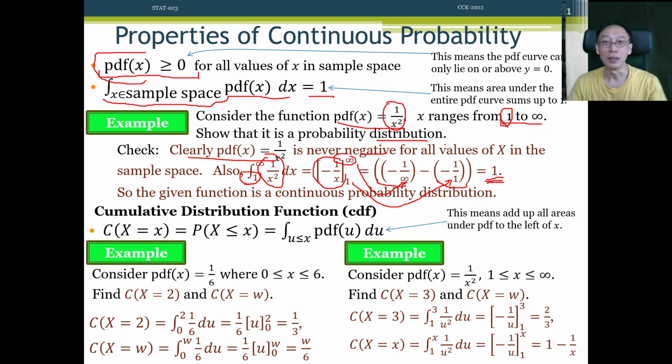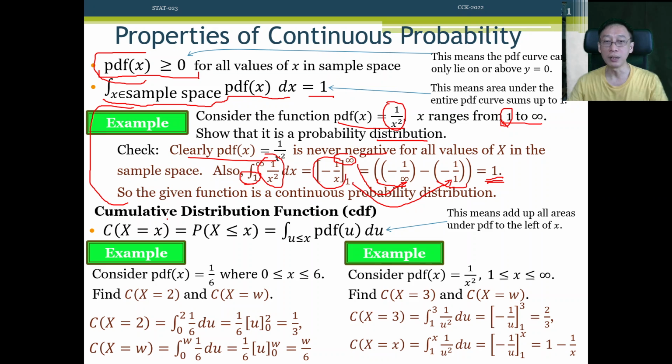And they will give you this PDF. And the fact that they call it a PDF means it is a distribution function. And so it better be satisfying both criteria already. So that's the part that you don't have to worry about. But in my example here, it is to just test you on the basic fundamental understanding.